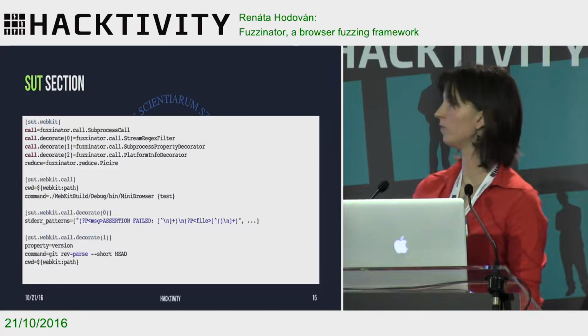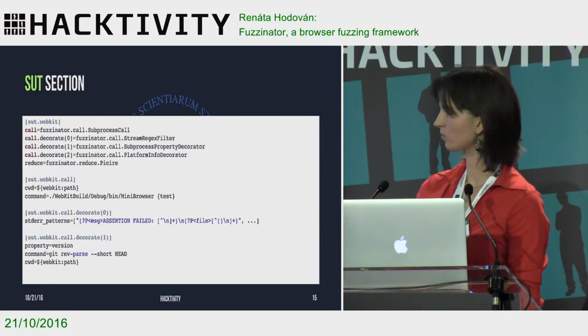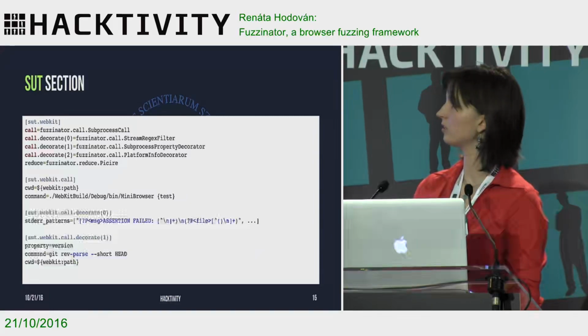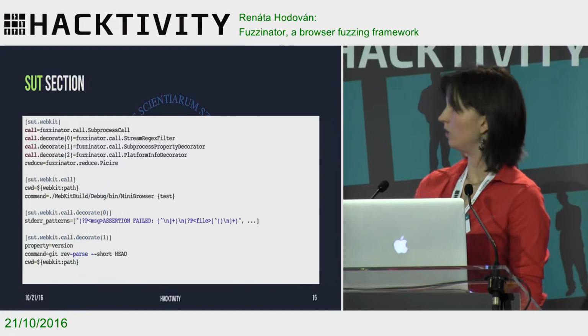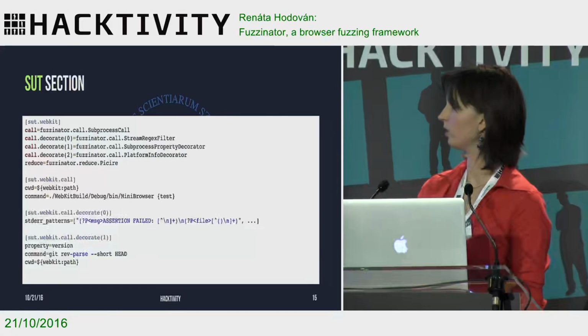It has to contain one call field, which points to a Python callable. In this case, this callable is the subprocess call, which I mentioned earlier, and which is part of the Fuzzinator framework. This subprocess call will execute WebKit, parameterized as you can see in the next section.